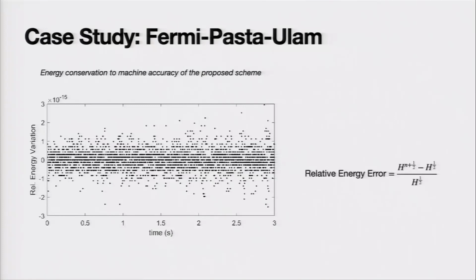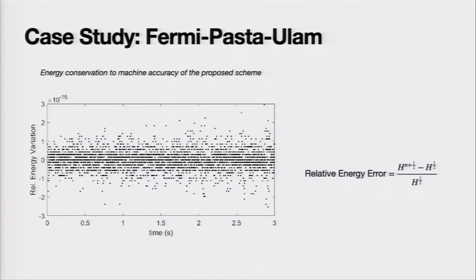So this is a relative energy error. Obviously this should be 0 because we said that energy is conserved, but computers do not understand 0, they understand machine accuracy. And you see that this graph is of the order of 10 to the minus 15, which is basically the resolution of your computer in floating point arithmetic.